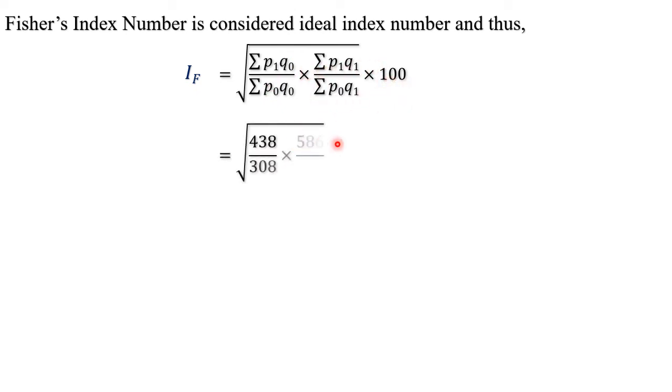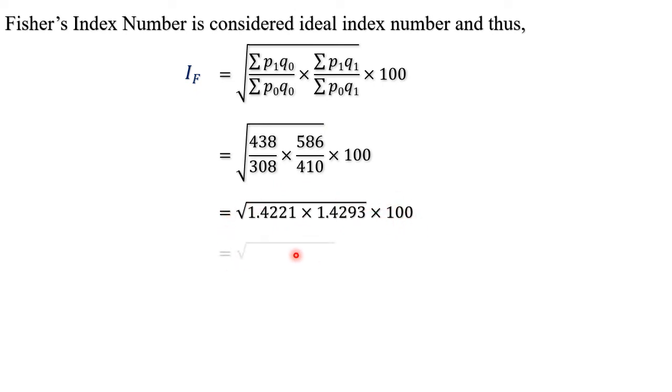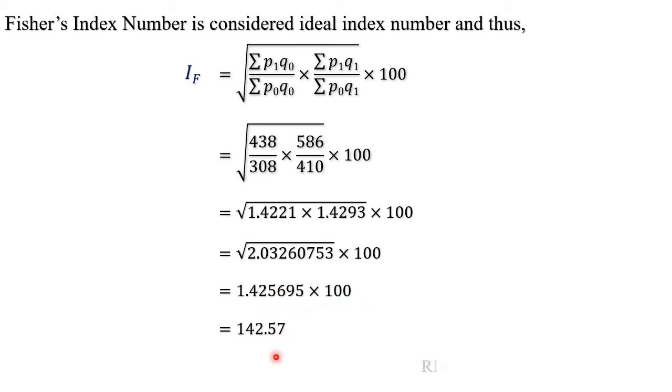Just put the values of those columns here, then take the square root, so don't make a mistake. Multiply these values, get the square root, and then multiply with 100, you get 142.57. So your statement will be rise by 42.57%, that is 142.57 minus 100. Okay, simple, right?